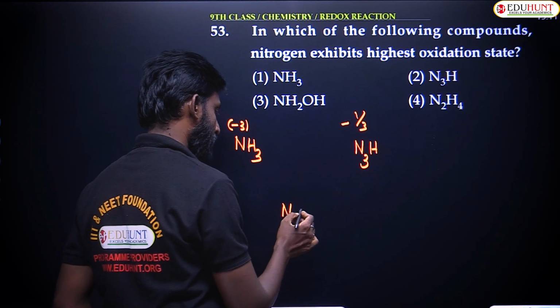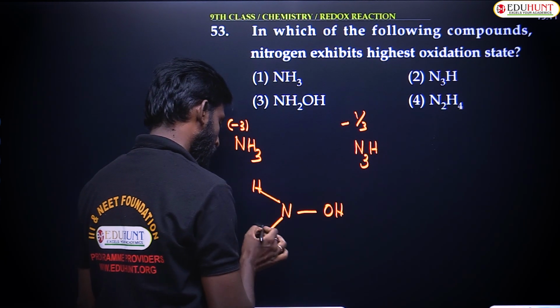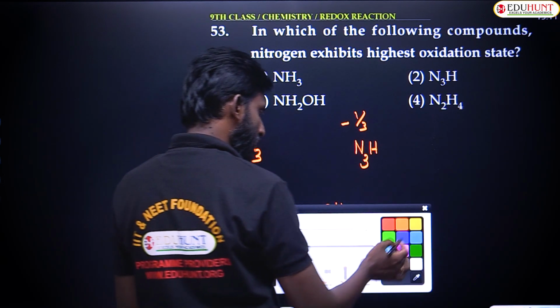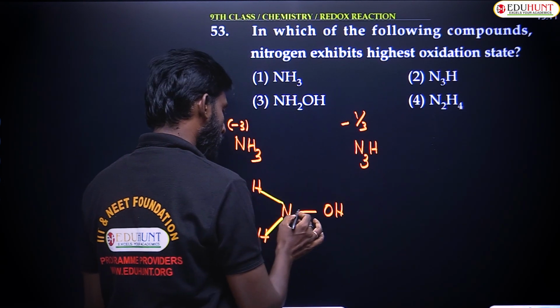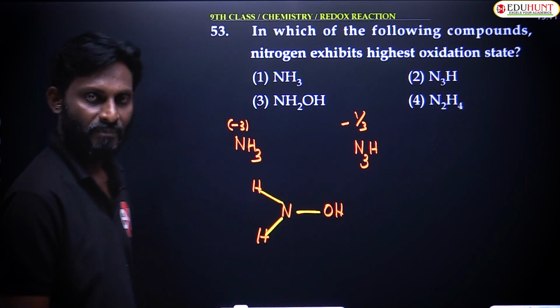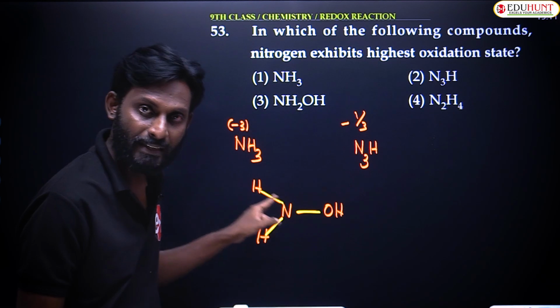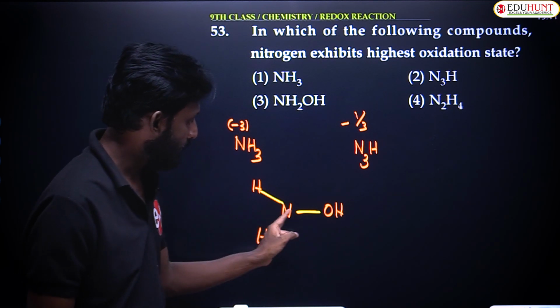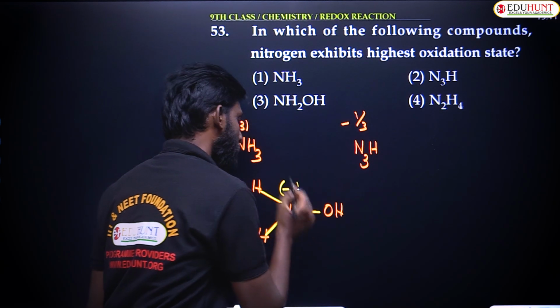And this is hydroxylamine. I will give you the structure, NOH, H, H. Now the oxidation state of nitrogen will be -1, -1, +1, right? So -2 +1, so -1.